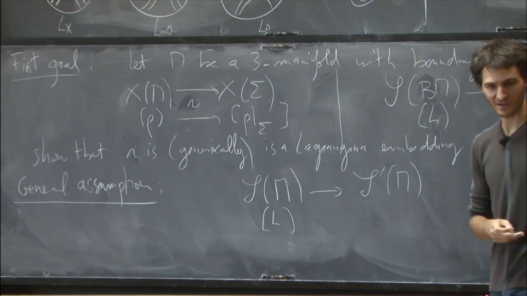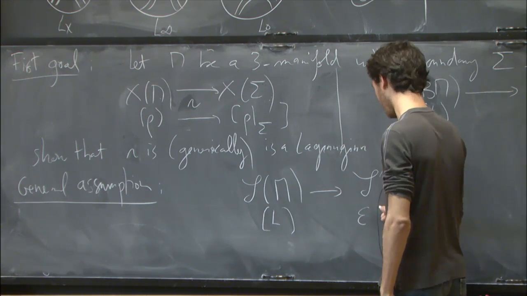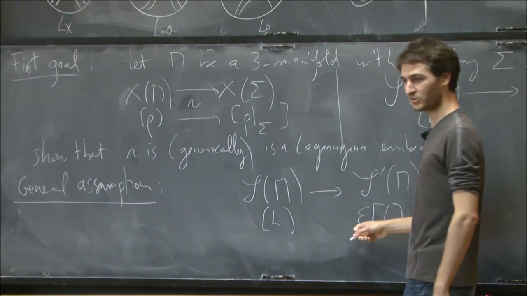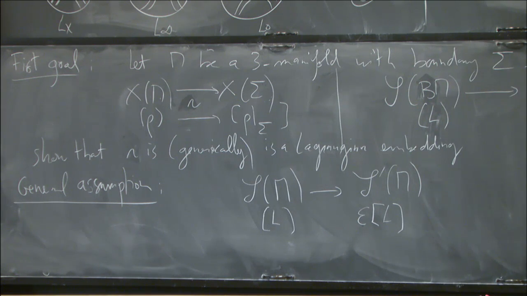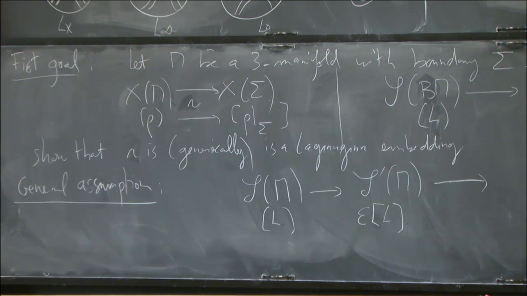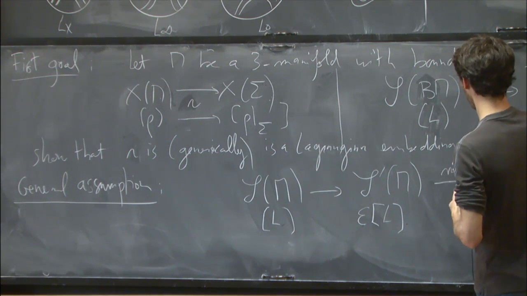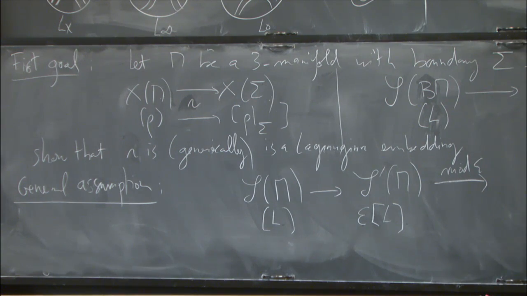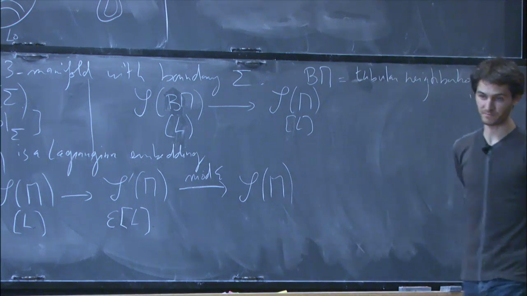Well, there is only one way. You just multiply it by epsilon. If you do not multiply by epsilon, this map will not be well defined. Okay, but this is well defined. And on the contrary, if you have an element of the derived skein module, with coefficients in C[epsilon], you can just put epsilon equal to 0. Okay, so take it mod epsilon, and you get again some element in S of M.